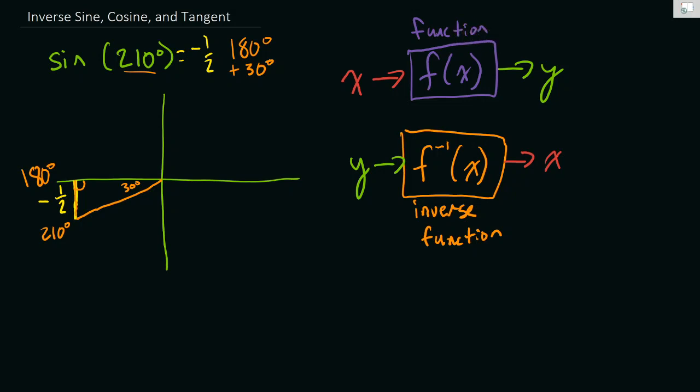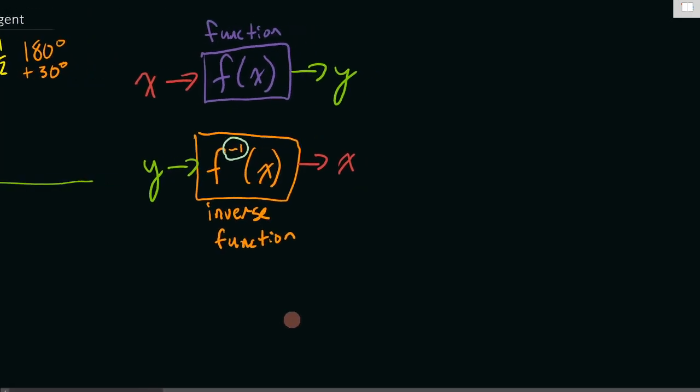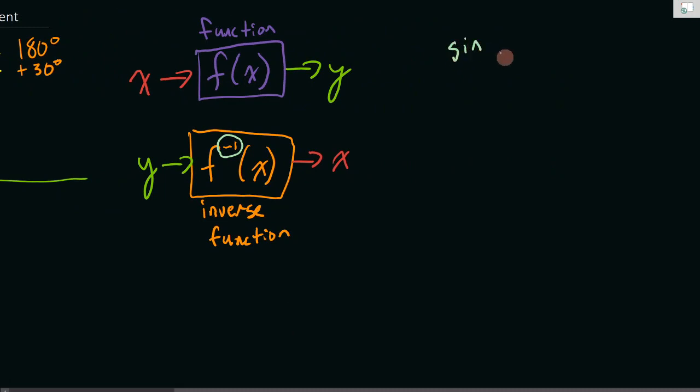So can you undo sine, cosine, and tangent? Sure you can. Ish. And we'll talk about the ish in a second. But just like we have this minus 1 notation for inverse functions in general, the inverse of sine of theta, because sine should always have an angle, is sine inverse of, usually, a y value, because sine gives you the y value.